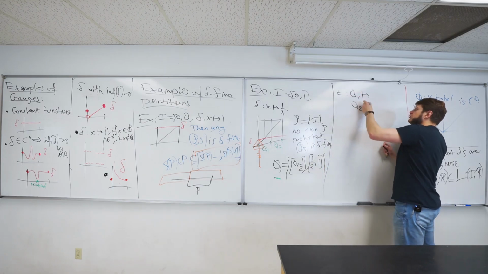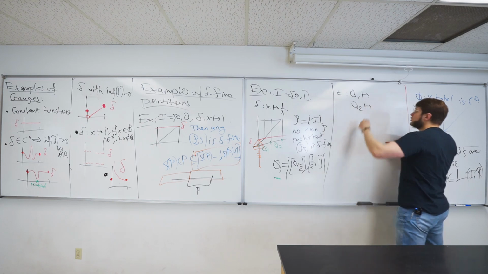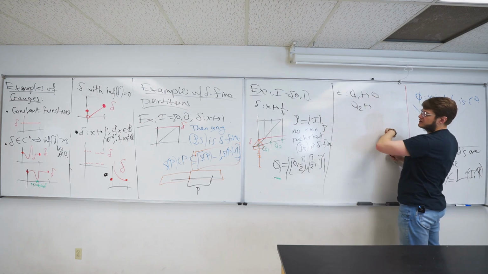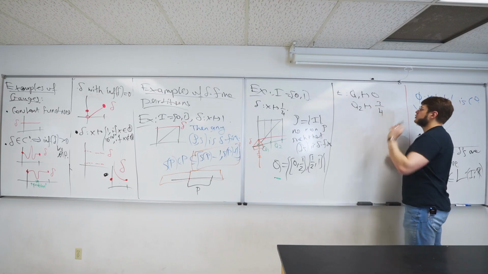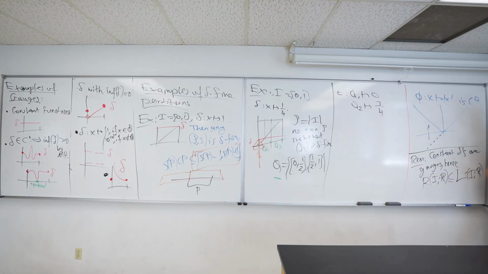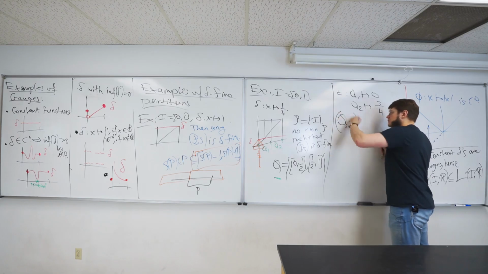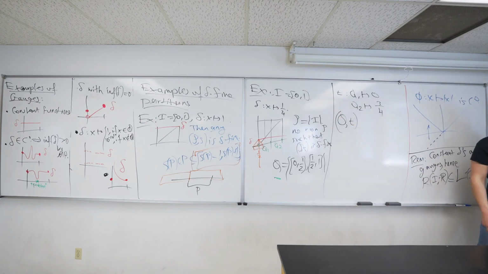I need to sample 2 points. Say for Q1 I sample 0, and for Q2 I sample 3 over 4. This is a sampled partition now, but this is not delta-fine.